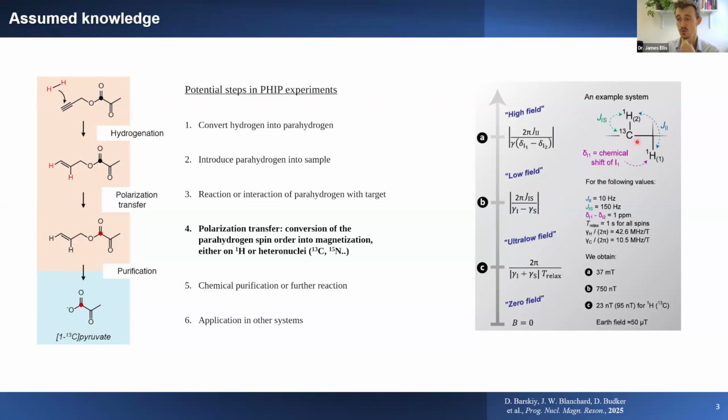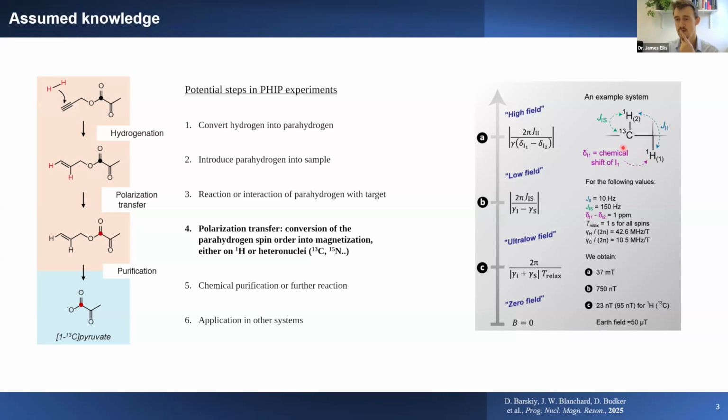So if we imagine a molecule where we've got, let's say, 2 protons and a carbon-13, so we have 2 different nucleus species, and we've got 2 protons that have a chemical shift difference, and we have J couplings between the spins.